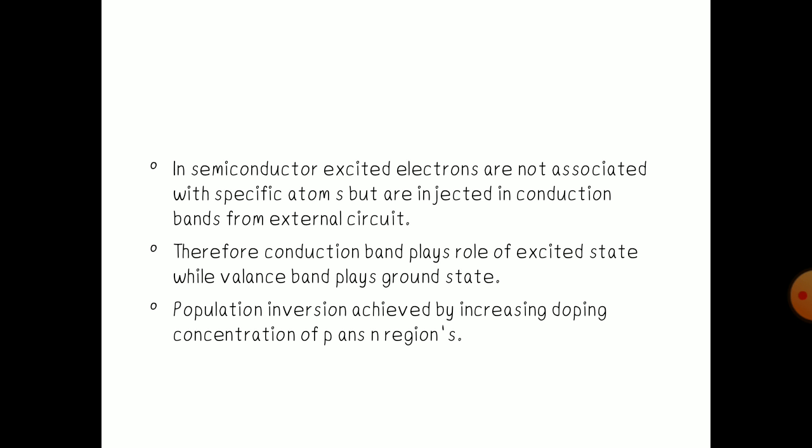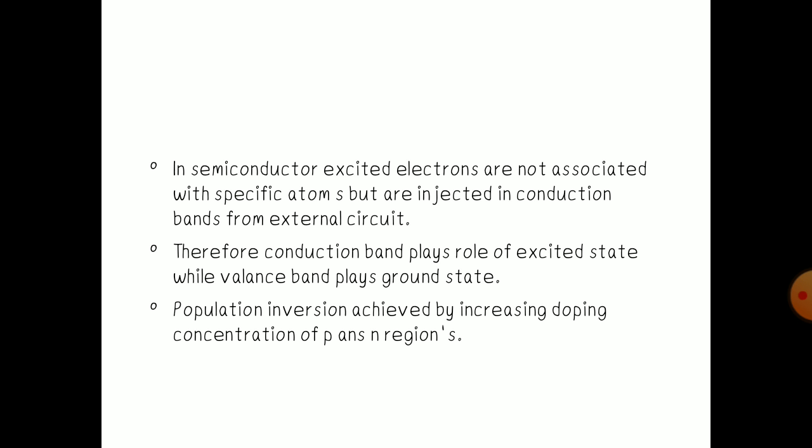If we increase the doping concentration of the n region, there are a large number of electrons in the conduction band. If we increase the concentration of holes in the p region, there is a large number of holes in the p region. By this means we increase the concentration of electrons in n and holes in p region.